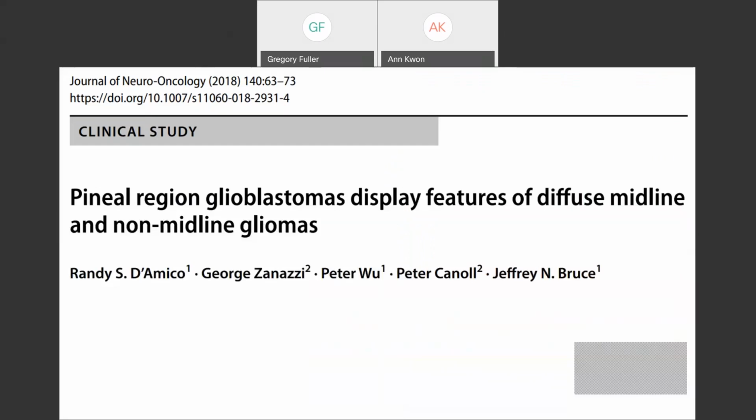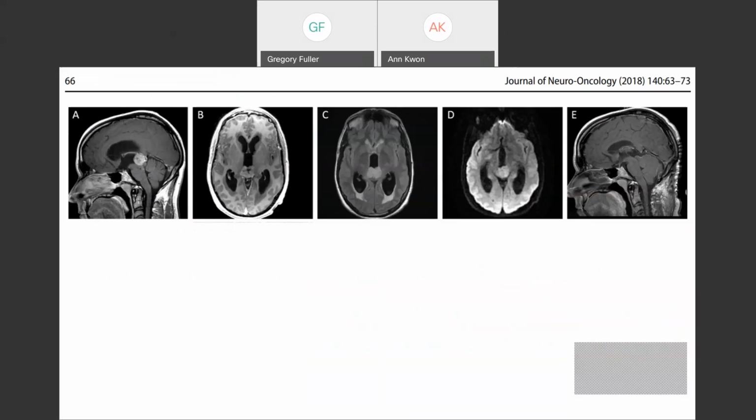That confirmed it. One additional paper came out a year after the one we published, Journal of Neuro-Oncology, pineal region glioblastomas display features of diffuse midline and non-midline gliomas. So it just depends. Here you can see this is the one example. They had one example of an H3K27 mutant out of, I think it was either 7 or 9 cases of pineal when they went through their files.